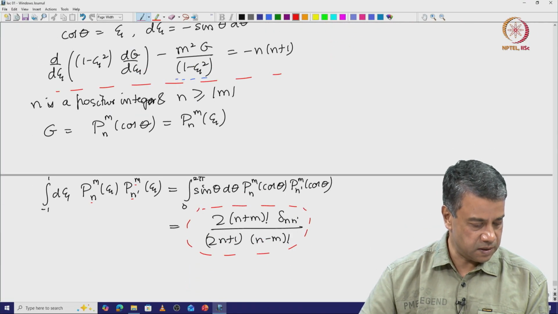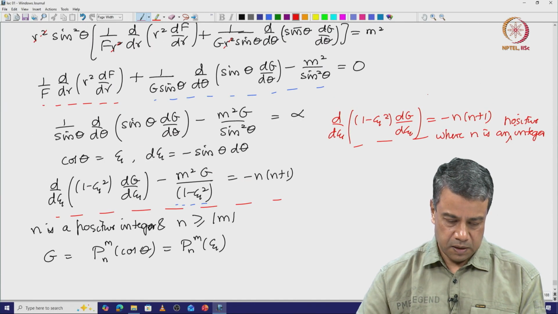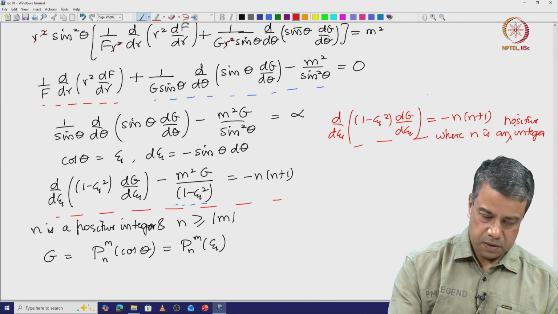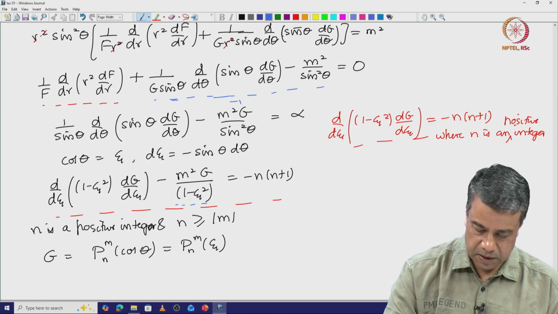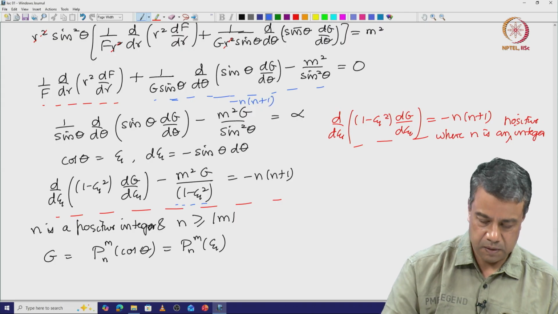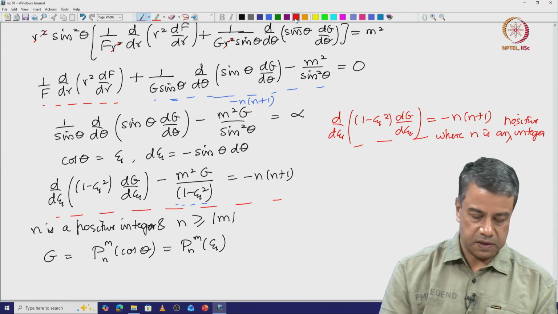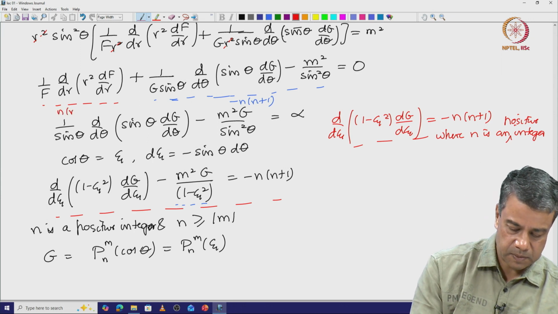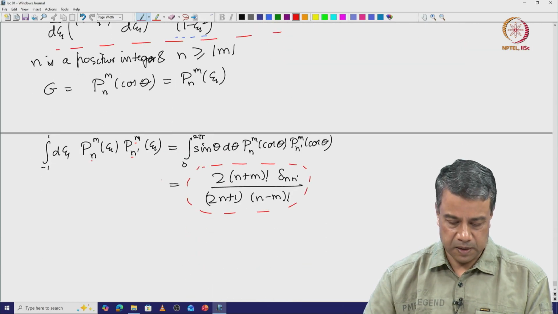So, this term is minus n into n plus 1. That is what we had just solved. Therefore, this term is n into n plus 1.